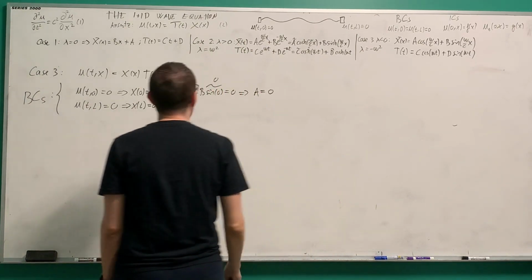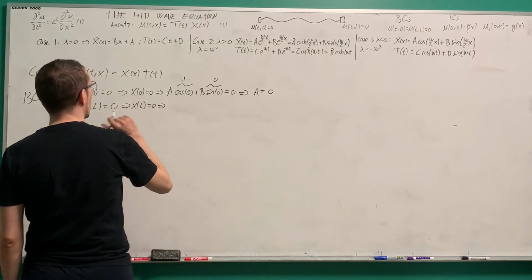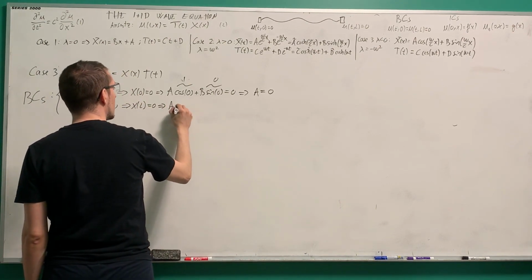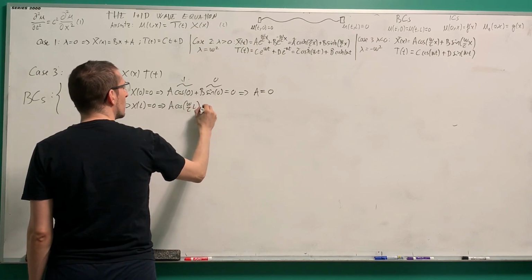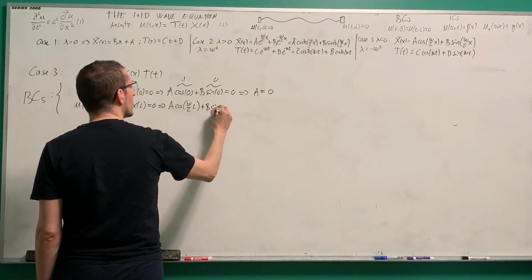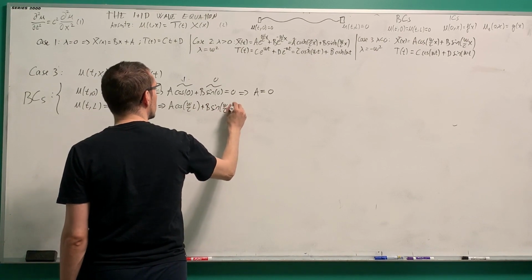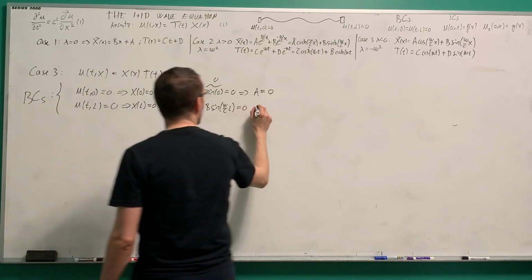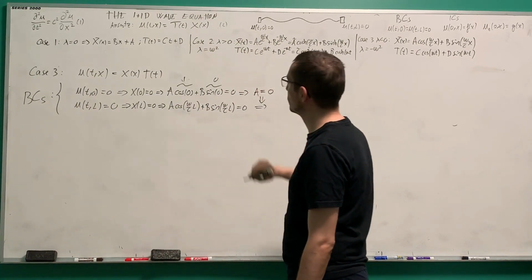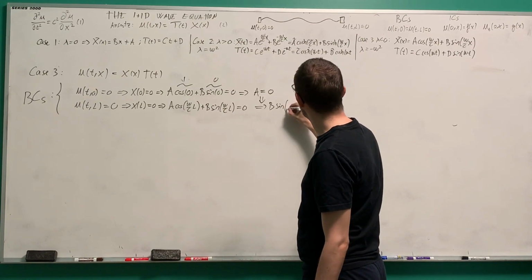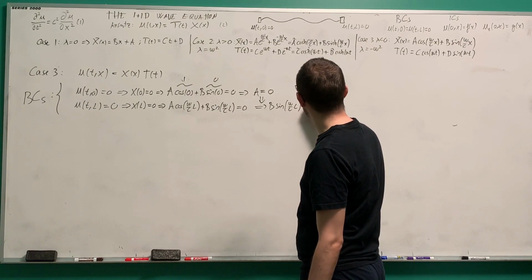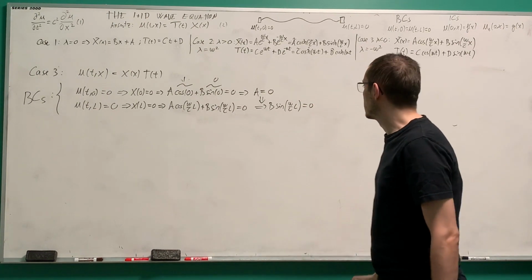Wonderful. Now, if I impose the other condition, I get A cosine of omega over C L plus B sine of omega over C L is equal to 0. But I know that A is equal to 0, and that means that B times sine of omega over C L is equal to 0. Several options.